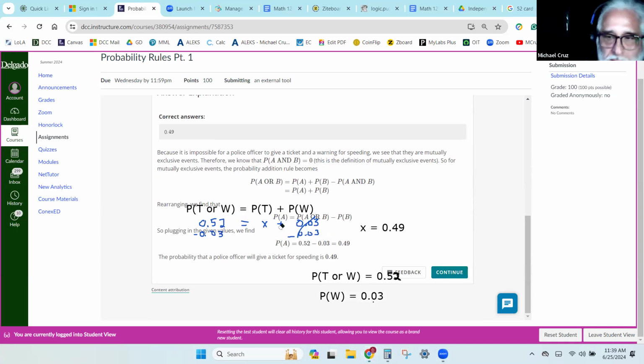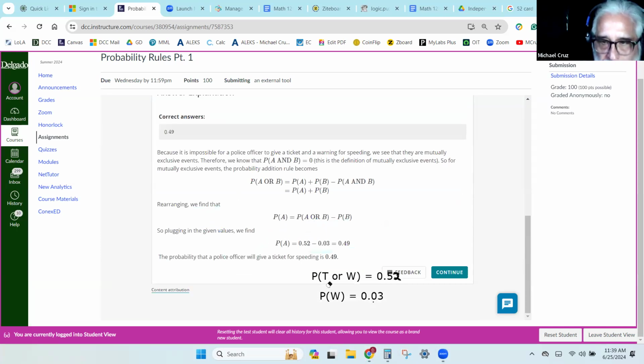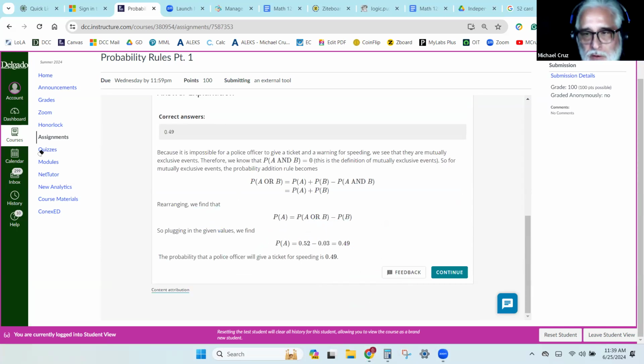And if you like the whole explanation, they do it probably a little bit better than I do. They start out with that, and then they solve it by taking the B over and leaving the A over. It's more or less the same thing. I just did it slightly differently.